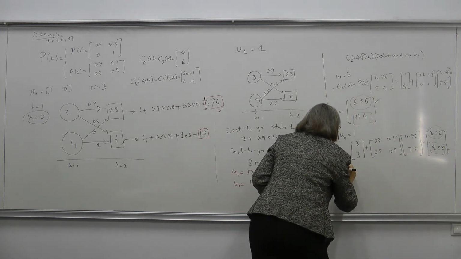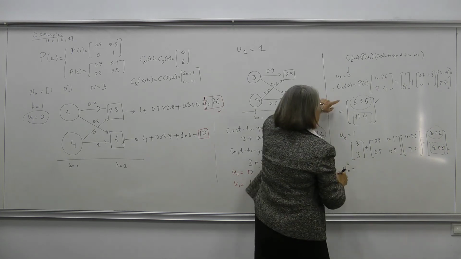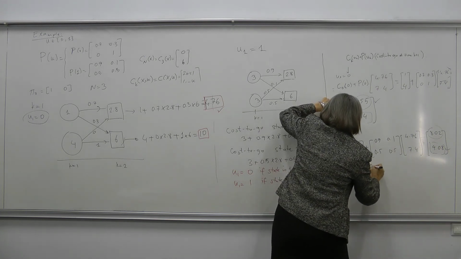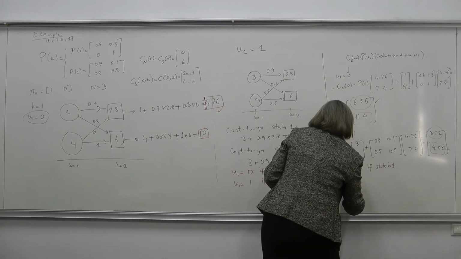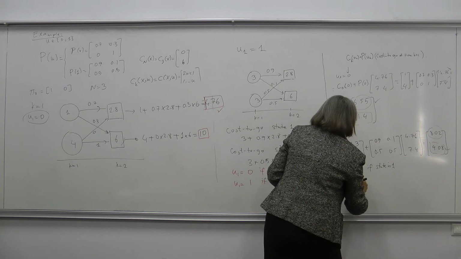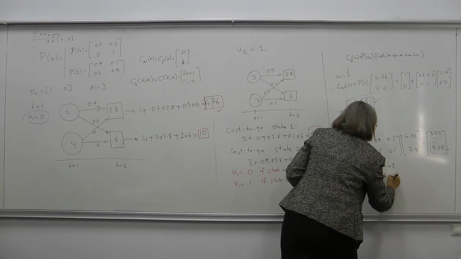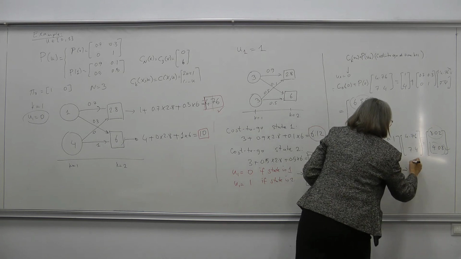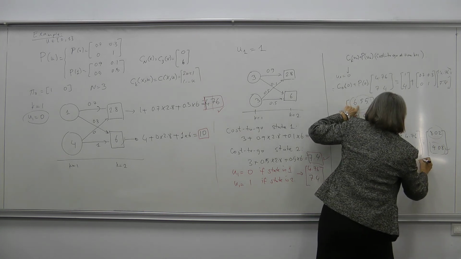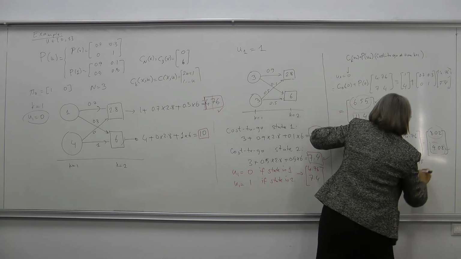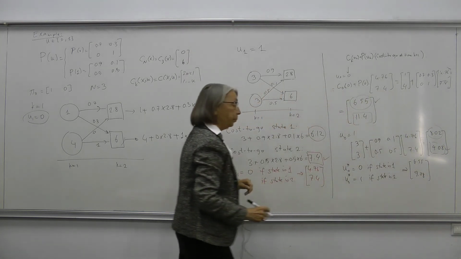So we have our U0 star, the optimum one, equal to 0 if state is 1, and U0 star equal to 1 if state is 2. And the cost to go vector is equal to 6.55 and 9.08. Okay?